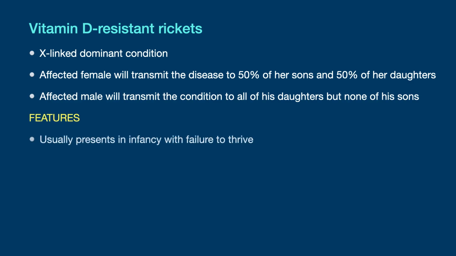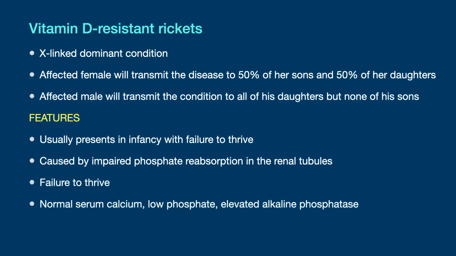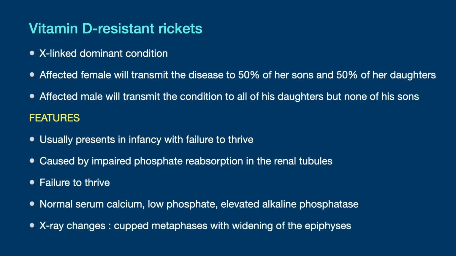They usually present in infancy with failure to thrive and caused by impaired phosphate reabsorption in the renal tubules. So as mentioned, there would be failure to thrive, normal serum calcium, however low phosphate and elevated alkaline phosphatase levels. X-ray changes may include cupped metaphysis with widening of the epiphysis.